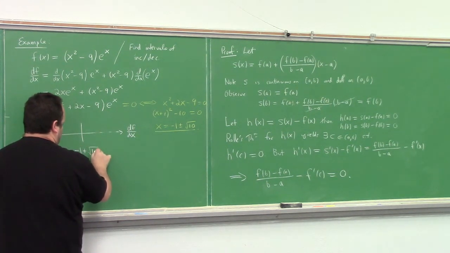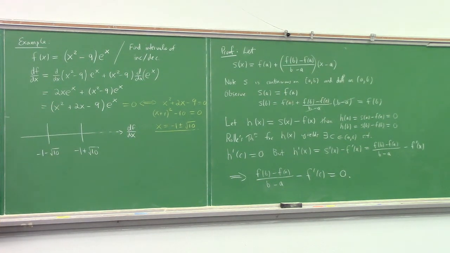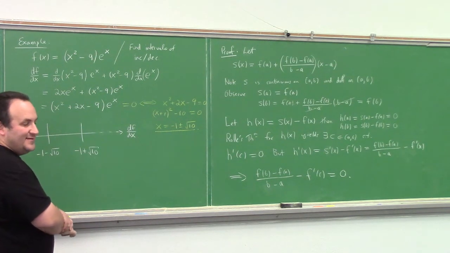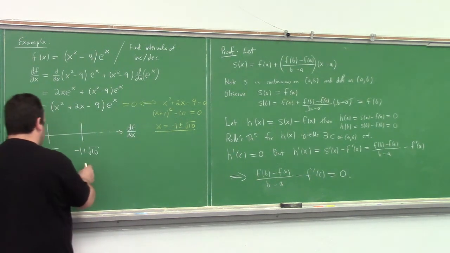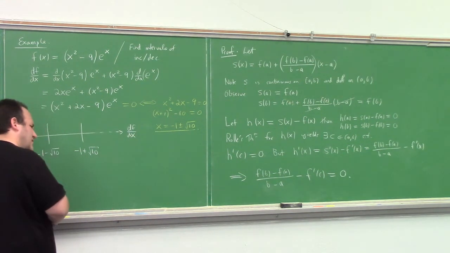The square root of 10 is about what? I don't know, 3.3 something, whatever. What was the square root of 10? 2.16? Oh, right, yeah. Wait, but 3 squared is 9.